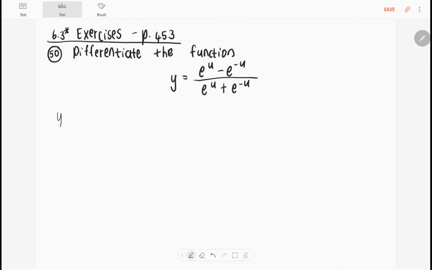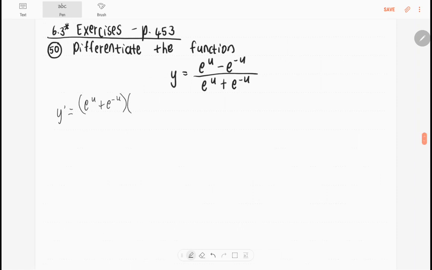So the derivative is going to be the bottom multiplied by the derivative of the top. So the derivative of the top is going to be e to the u minus e to the minus u multiplied by minus 1.